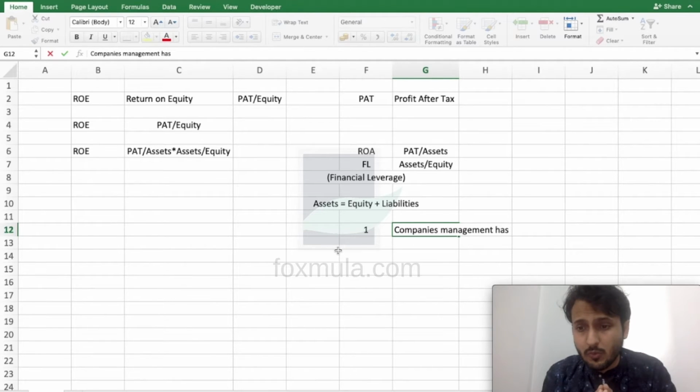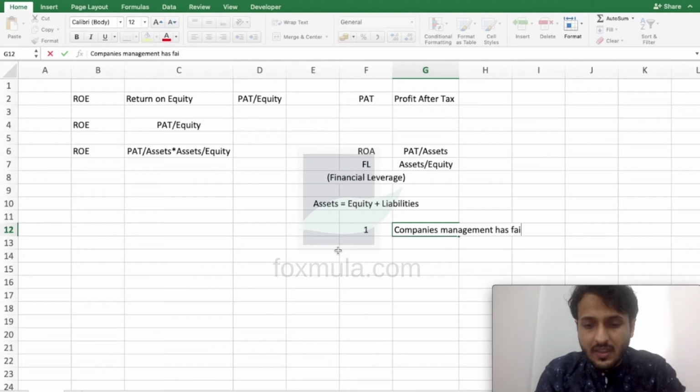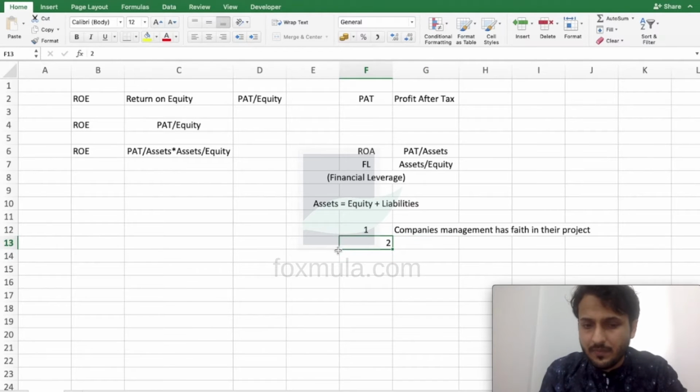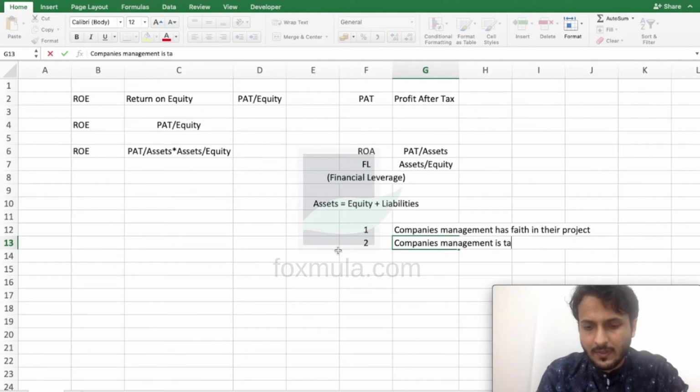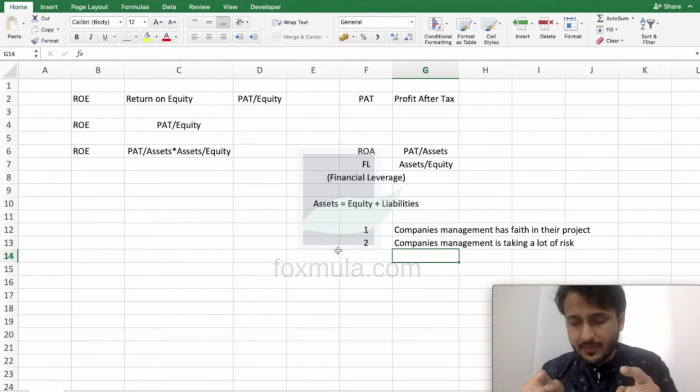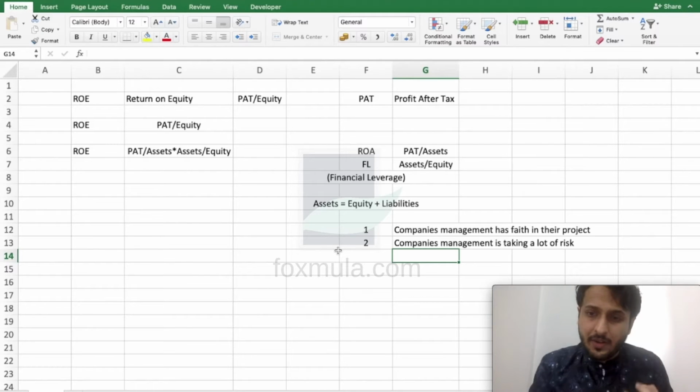That is why they are taking so much risk. They have faith in their project. And the second thing could be that the company's management is taking a lot of risk. So if you believe in what you are investing, then if you take a lot of debt, a lot of loan, a lot of leverage, then your returns are going to increase.